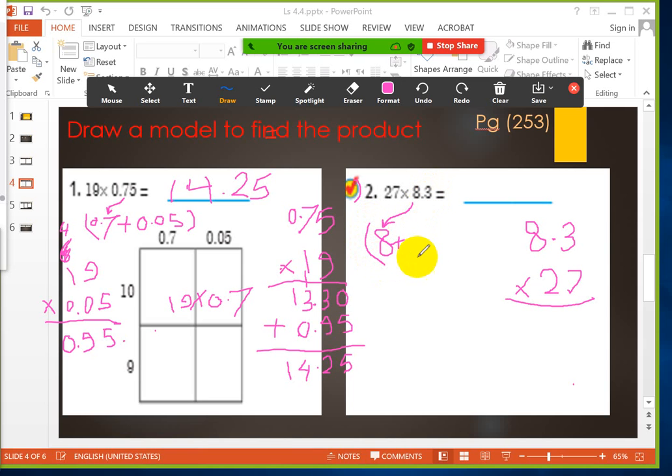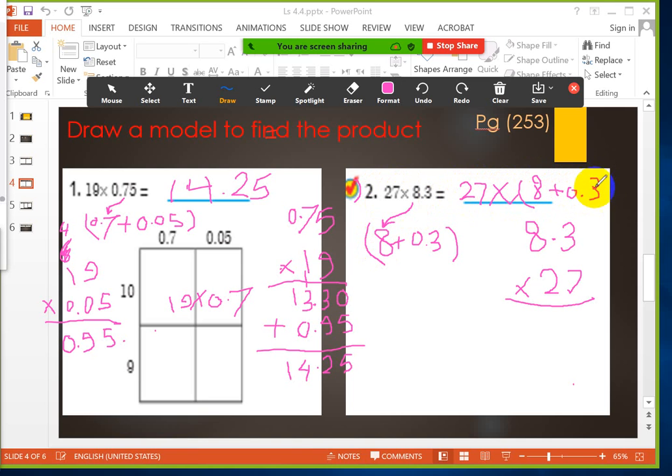The value of the 3 in the 10th digit equals 3 tenths. That means 0.3. Very good, girls. That means I will multiply 27 with 8. Then I will multiply 27 with 0.3.